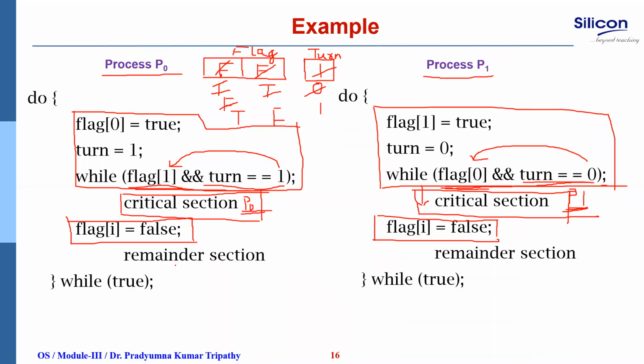Bounded waiting: as there are two processes, they don't have to wait for an indefinite period of time. Is it understood or any doubt? Anybody having doubt on this slide? Anyone having any problem? This is the Peterson solution for two processes only.